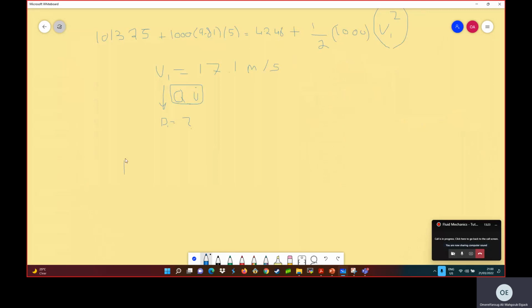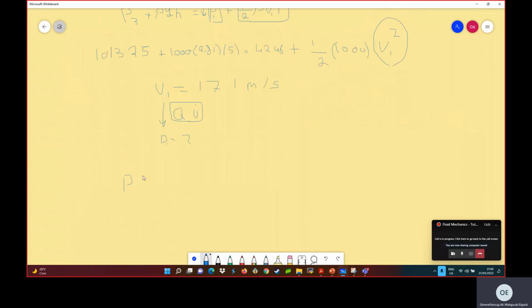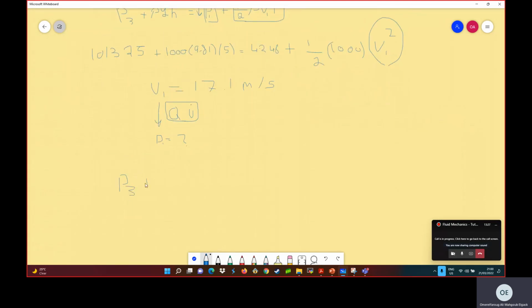So you have P3 plus rho g H3 is equal to P atm, or the atmospheric pressure, which is at point 2. Okay, this is point 2, this is not a square, plus half rho V2 squared.